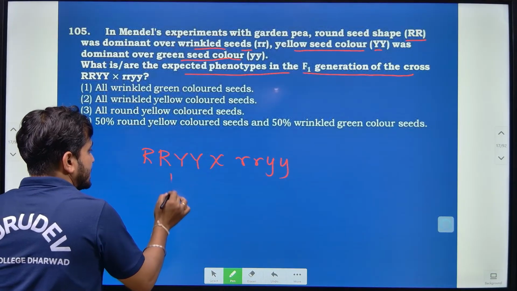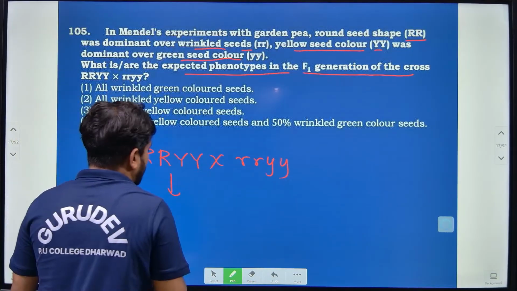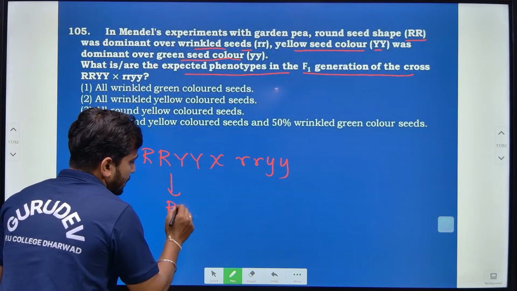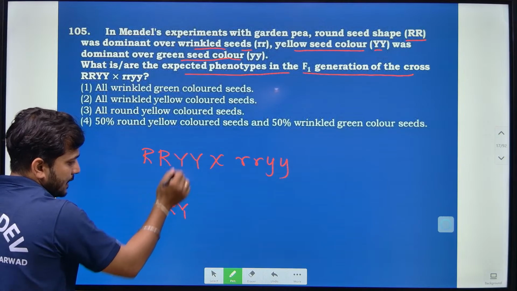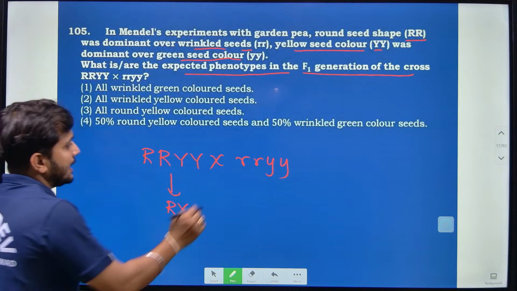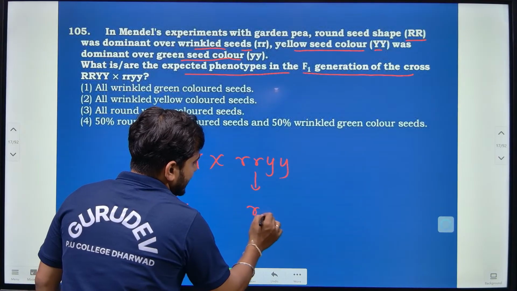If both parents are homozygous, they will produce only one type of gamete: capital R capital Y from one parent, and small r small y from the other.